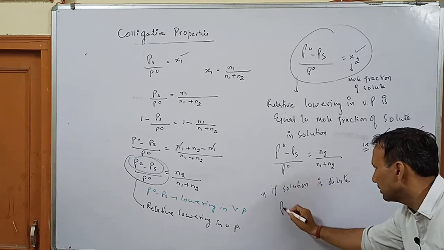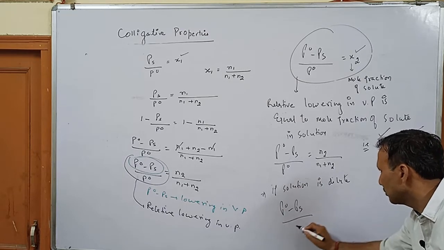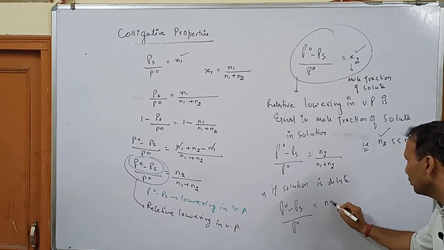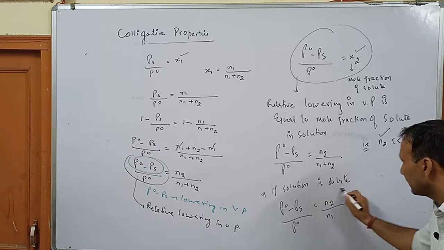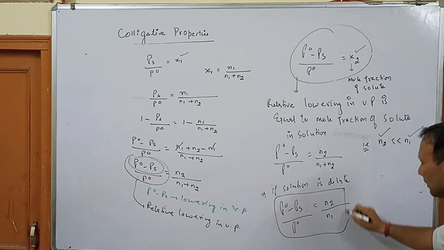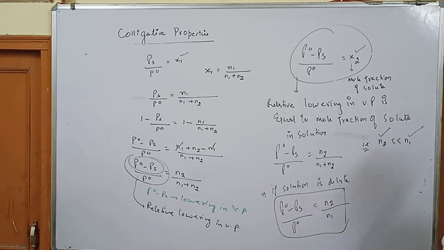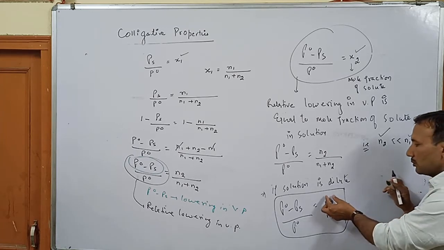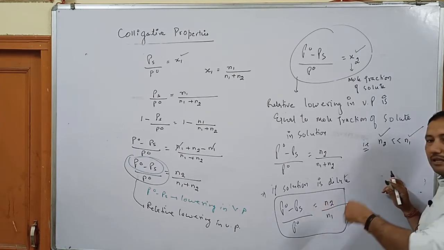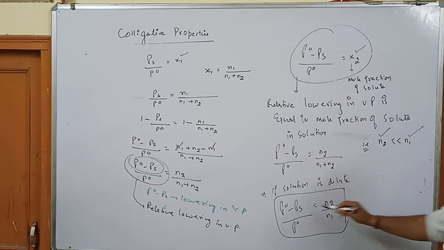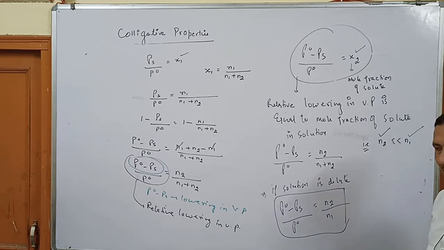So this equation becomes P0 minus Ps over P0 is equal to N2 over N1. This is the formula used for calculation of the number of moles of solute in a liquid solution. P0 minus Ps over P0, the relative lowering in vapor pressure, is equal to N2 over N1.